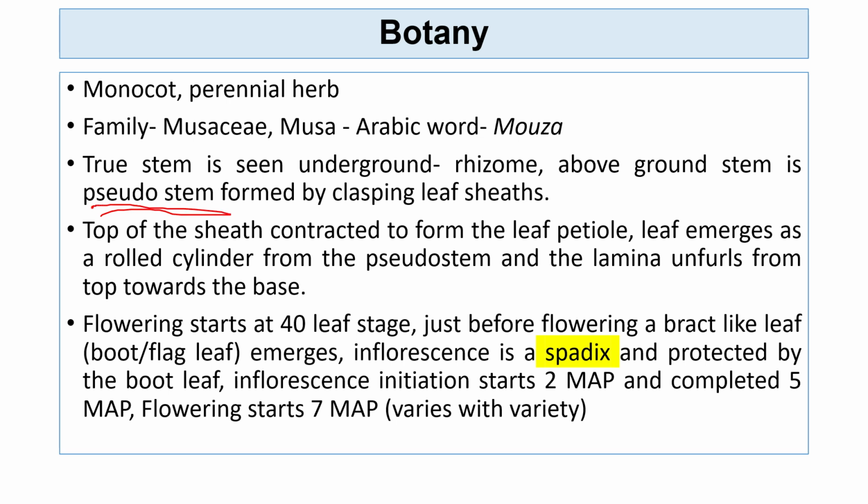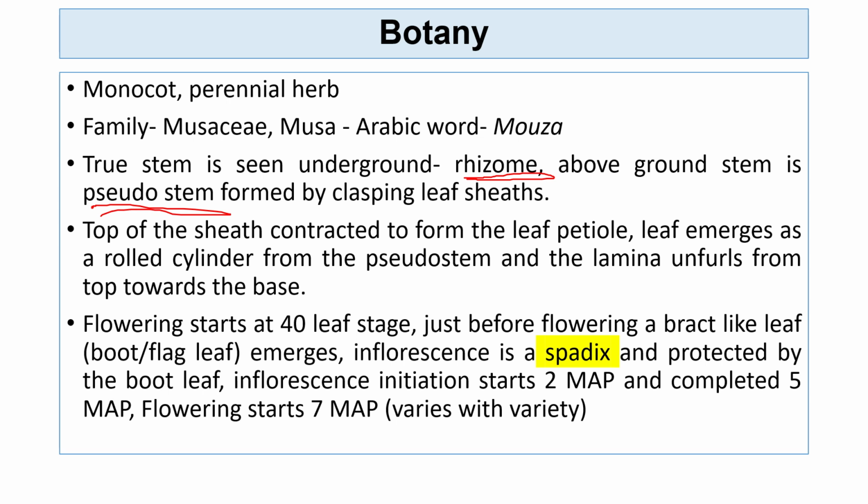The pseudostem is formed by the clasping of the leaf sheaths, arranged spirally, and the overlapping spiral arrangement of the leaf sheaths results in pseudostem formation. The true stem is underground, that is the rhizome. From the lateral buds of the rhizome, shoots arise which are termed suckers.